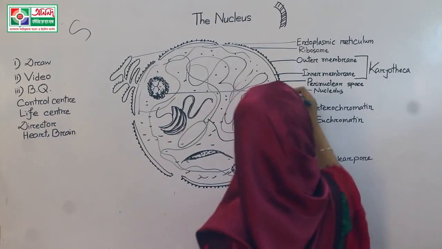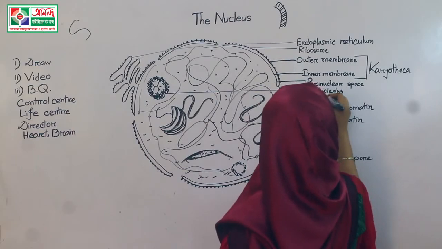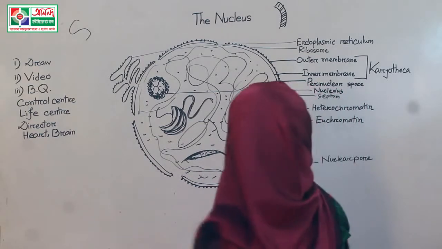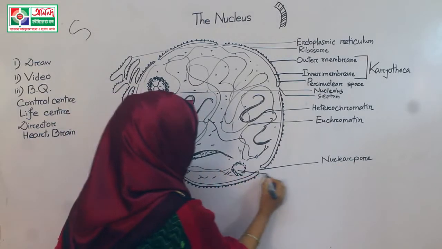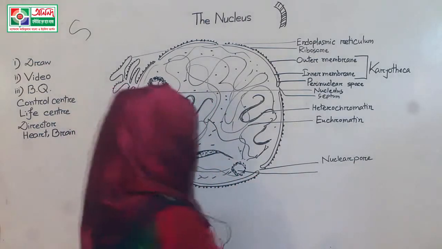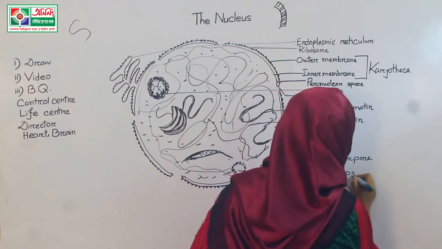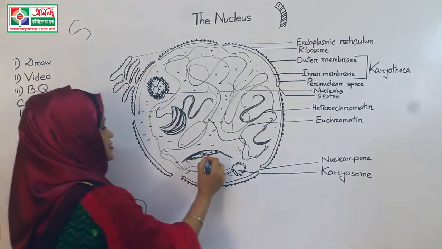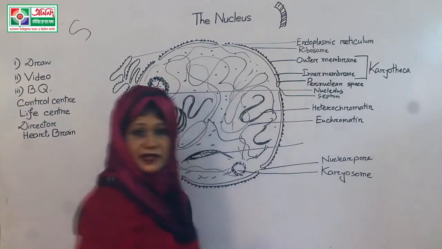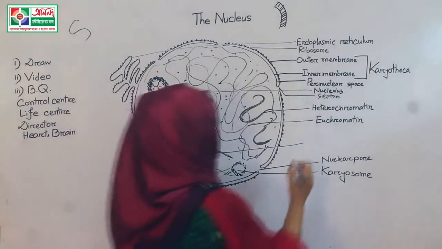And this is known as the septum. Okay. After that, this ball-like structure is known as the karyosome. And this chili-like structure, the darker portion, is known as the chromocenter.